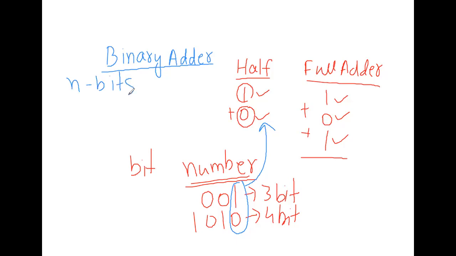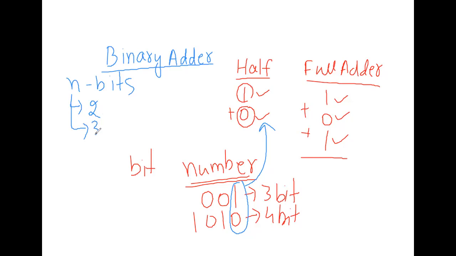The value of n may be 2, 3, 4, 5, 6, 7, up to n. So today we'll discuss how to design a binary adder which can add two numbers, and the numbers are of n bits.